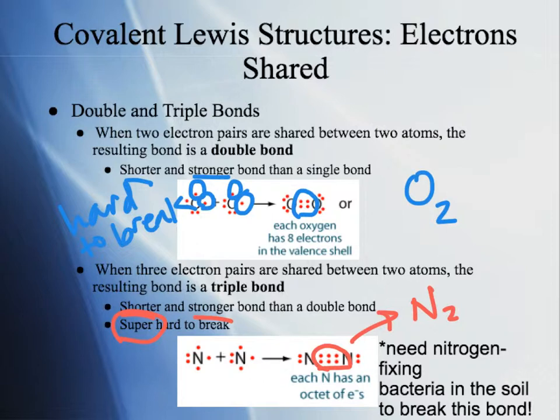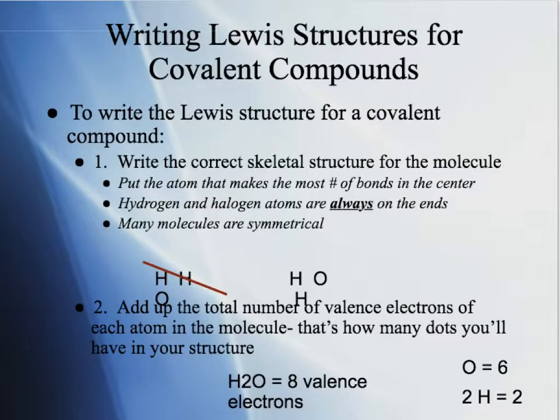In fact, the only creatures that can break apart that bond are the nitrogen-fixing bacteria that you may have heard about or remember from biology or AP Bio. Those guys are found in the soil. Those are the only creatures that have enzymes that will break apart atmospheric nitrogen in order to use and incorporate it into biomolecules.